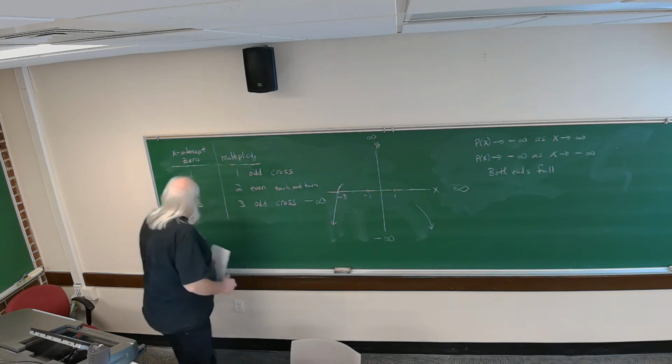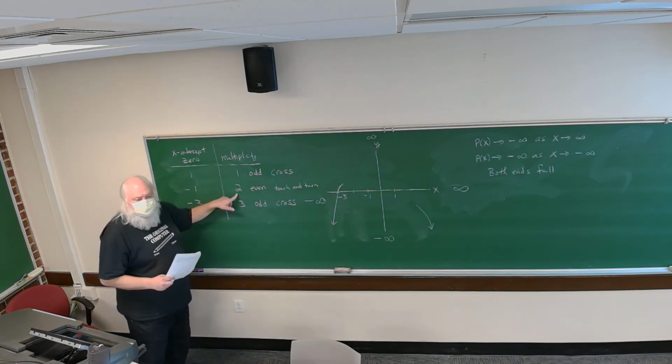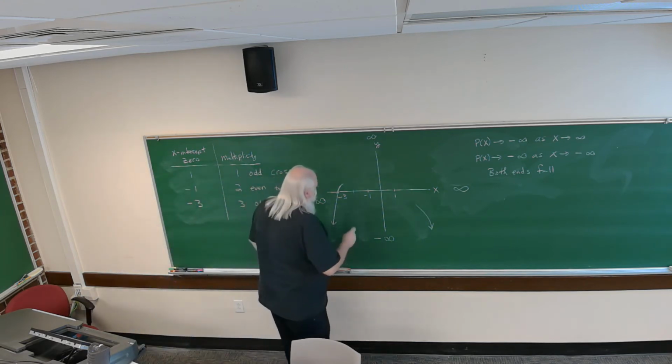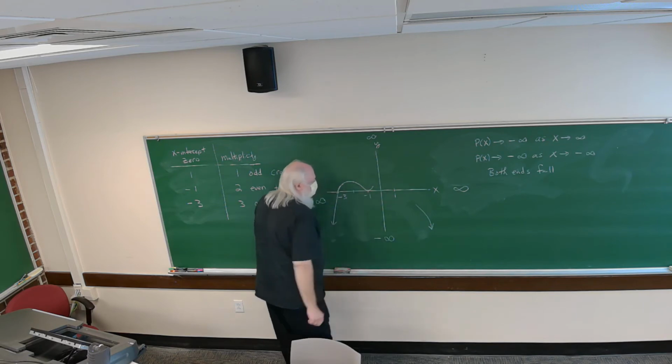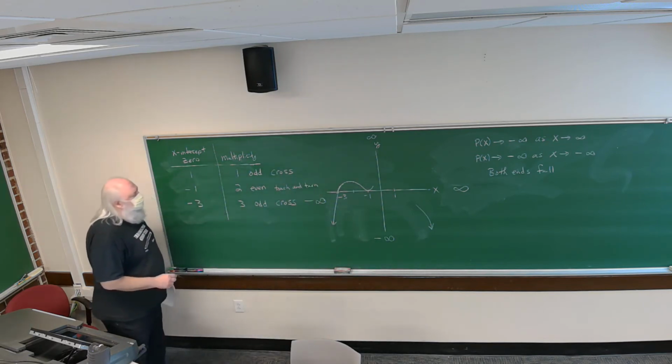At x equals minus 1, the multiplicity is even, so the graph is going to touch and turn. So we're going to form a turning point, and then the graph comes down and it touches and turns at x equals minus 1.